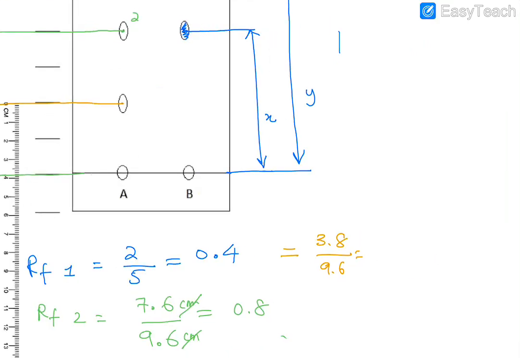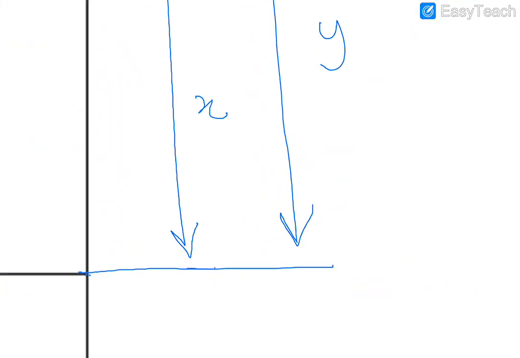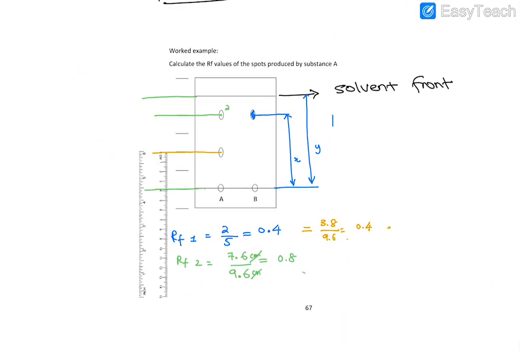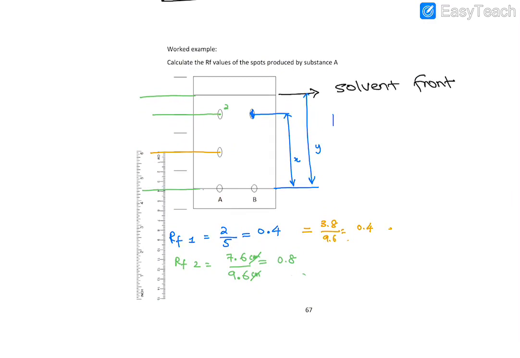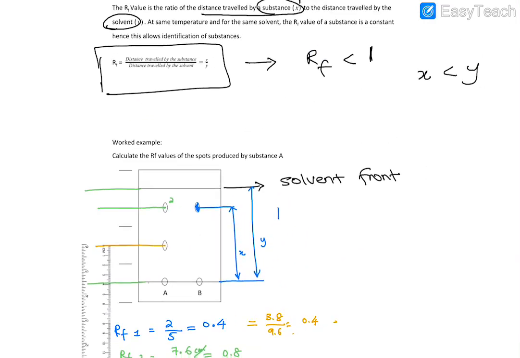So this gives me a value of 0.396, which is almost equal to 0.4. So as you see, the values are the same whether you use your ruler or you use proportions. Okay, so in case you're not given any graduations on the paper, you can still use your ruler for the measurements.